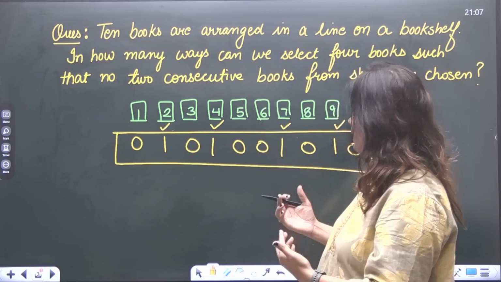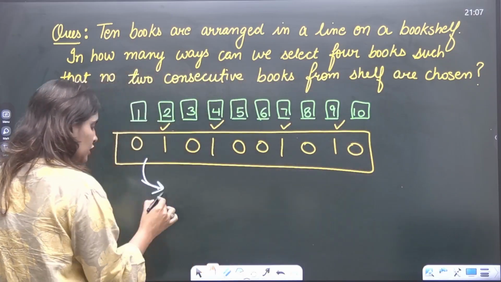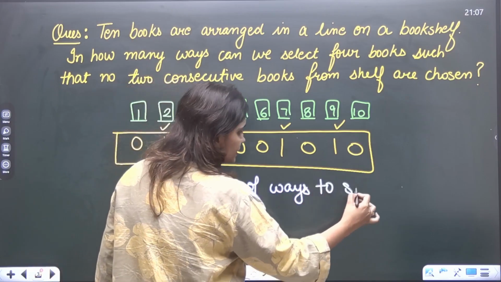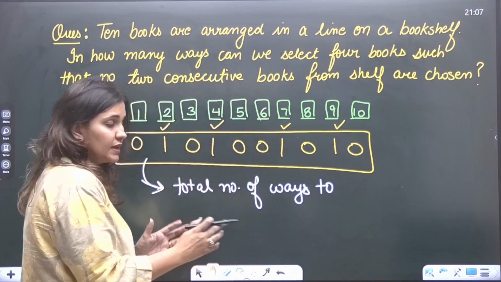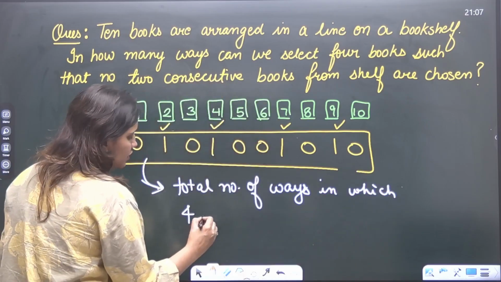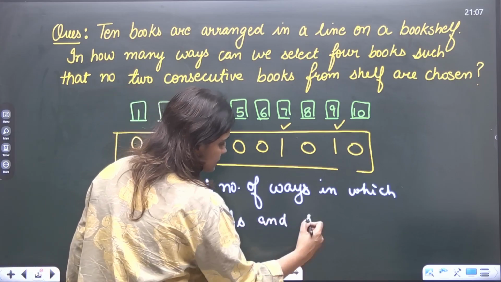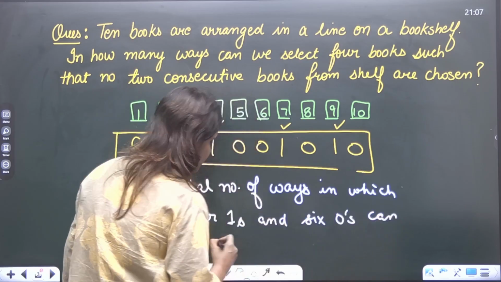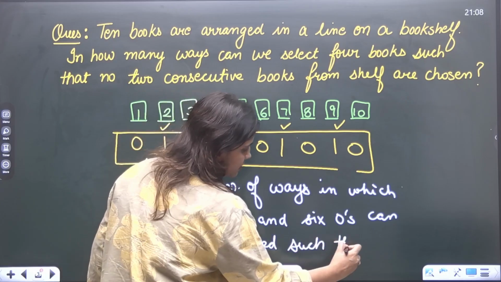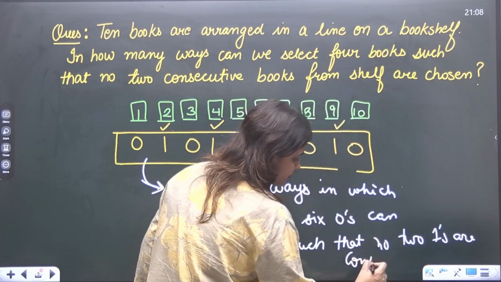Now, to find the solution of this question, I just have to find the total number of ways in which these 4 ones and 6 zeros can be arranged such that no 2 ones are consecutive, right?